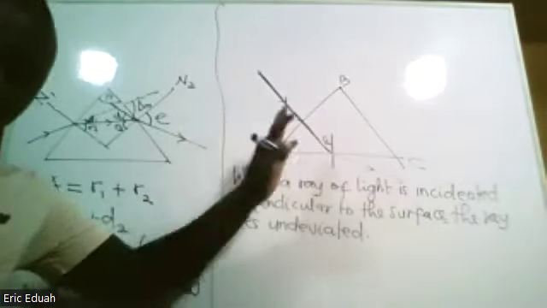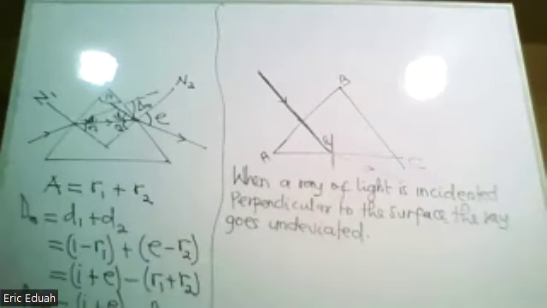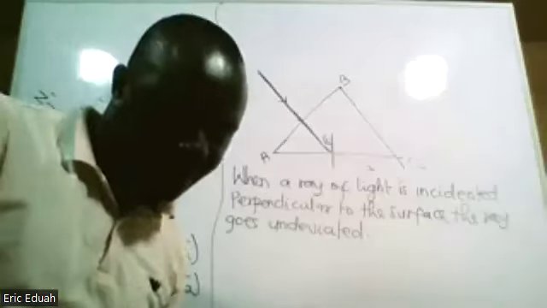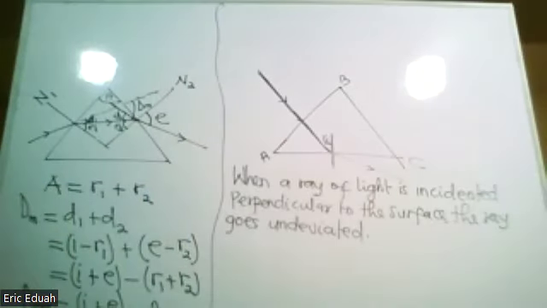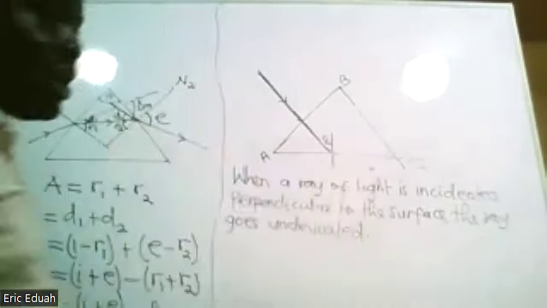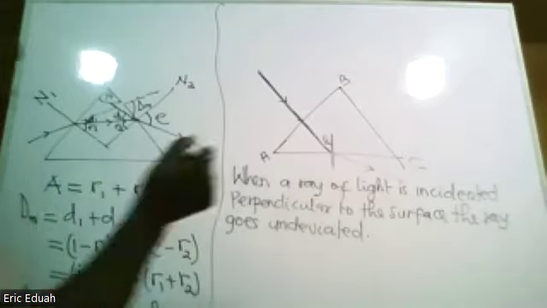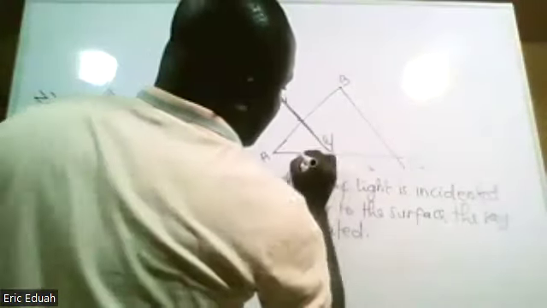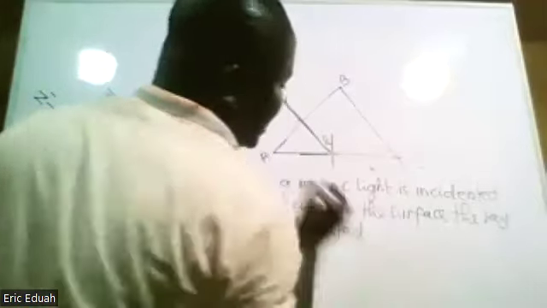Is somebody okay here? Please, are we okay? So when it is emerging out of the block, it is deviated because this time it is not intersecting the surface at an angle of 90.